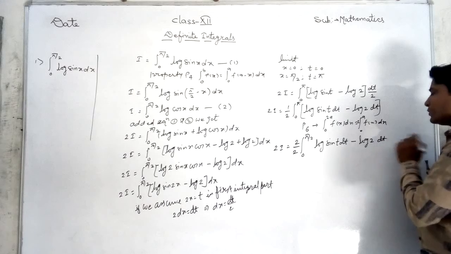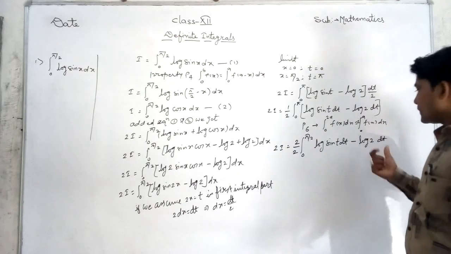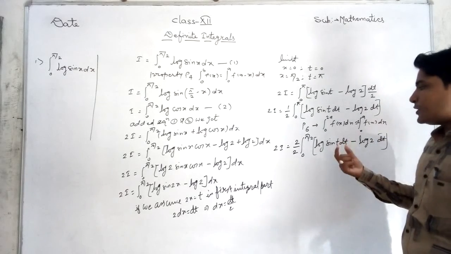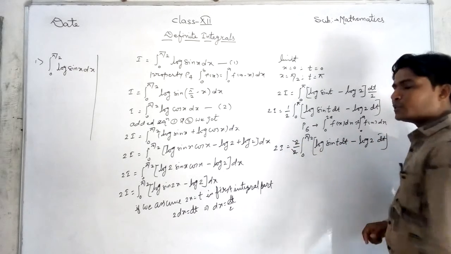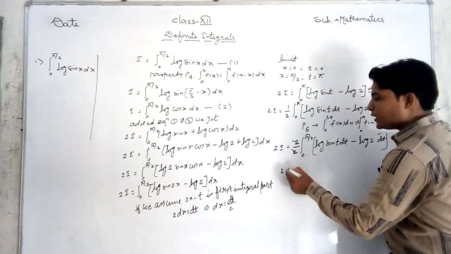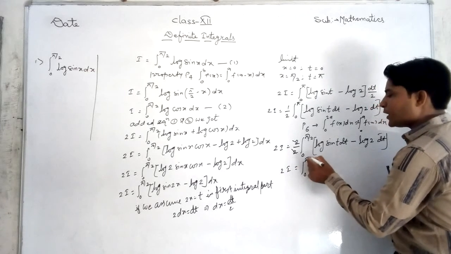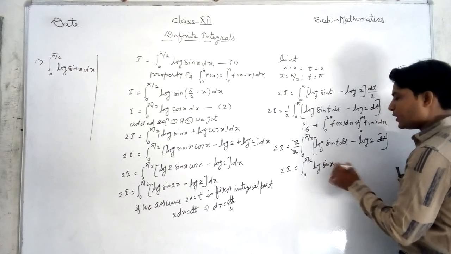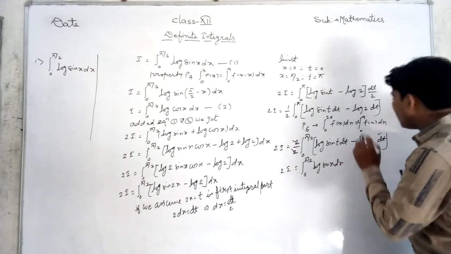If we assume x equals t, then log sin t dt is converted into log sin x dx, and minus log 2 dx.